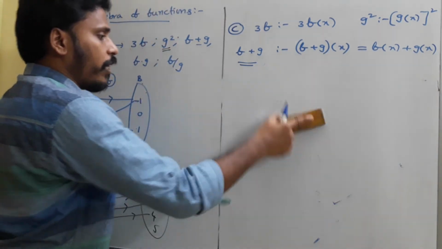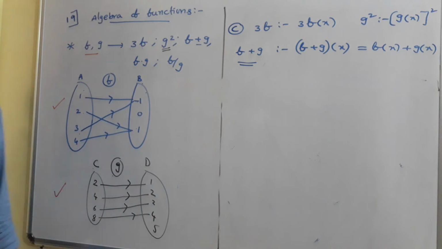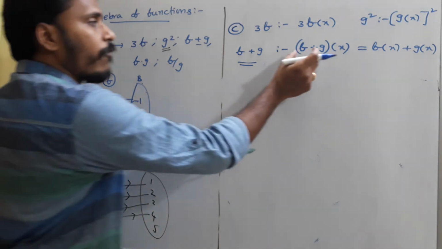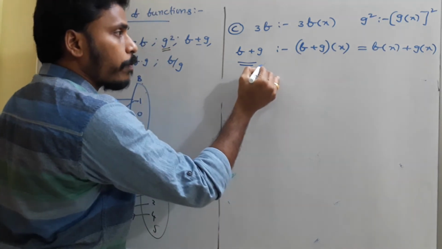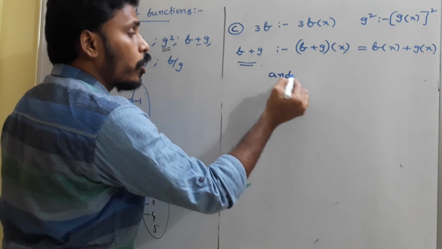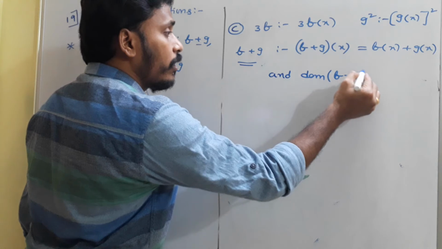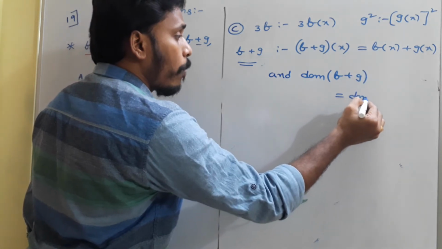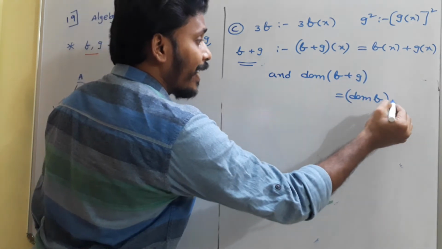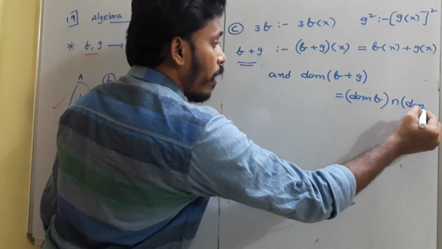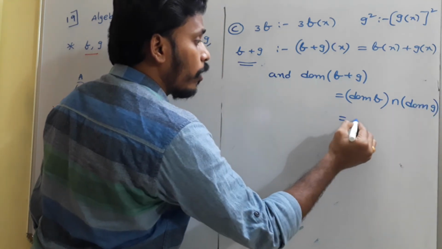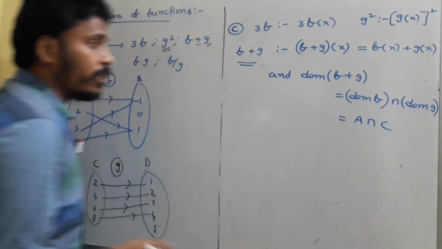So it's the basic definition of f plus g actually. f plus g of x is equal to f of x plus g of x, and the domain of f plus g is equal to domain of f intersection domain of g. Here in particular, A intersection C for these two functions.